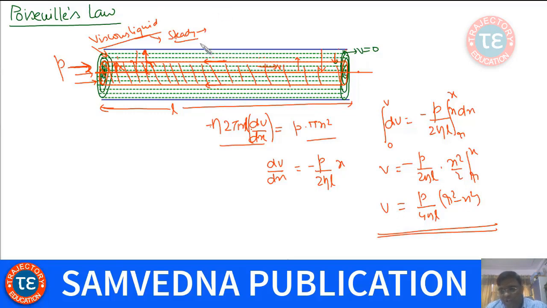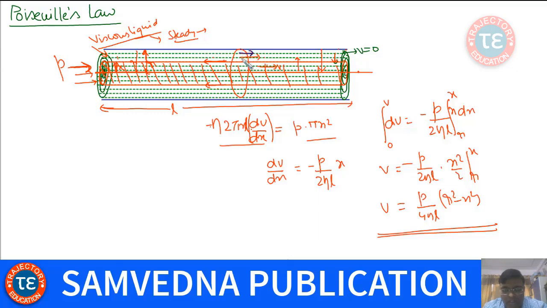This is how the velocity varies. So this equation is giving you how the velocity changes as one moves across the cross section. Suppose I take this cross section, and I keep on plotting the velocity. Velocity over here is 0.